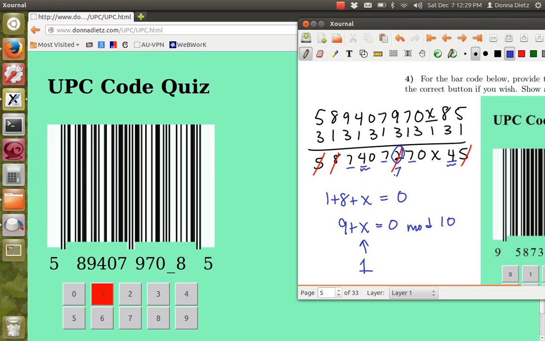So I should add 5 to everything. If that's my only error, then let's see if that works. This should become a 4 plus x is equal to 0 mod 10, so x should equal 6 again. I didn't want it to be 6.